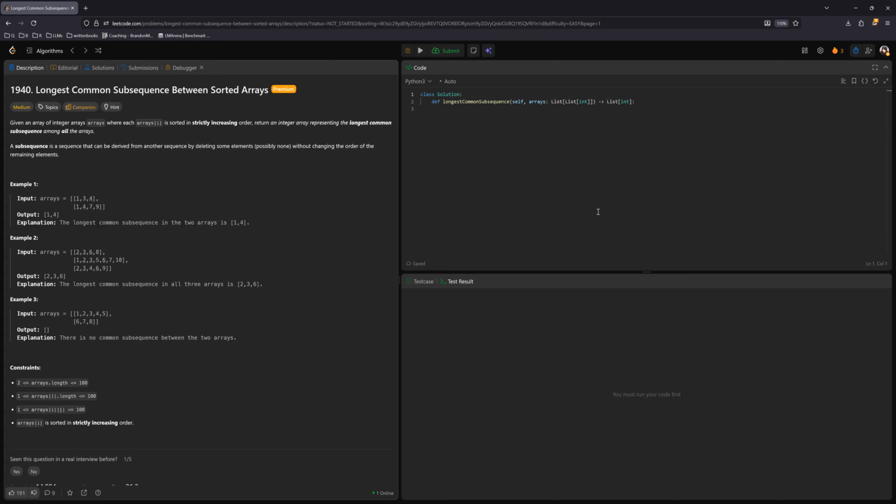The longest common subsequence in the two arrays is 1, 4. How many arrays are there? 100, 100, 100. Oh, interesting. Interesting. Okay. And it has to be in every one of the arrays.